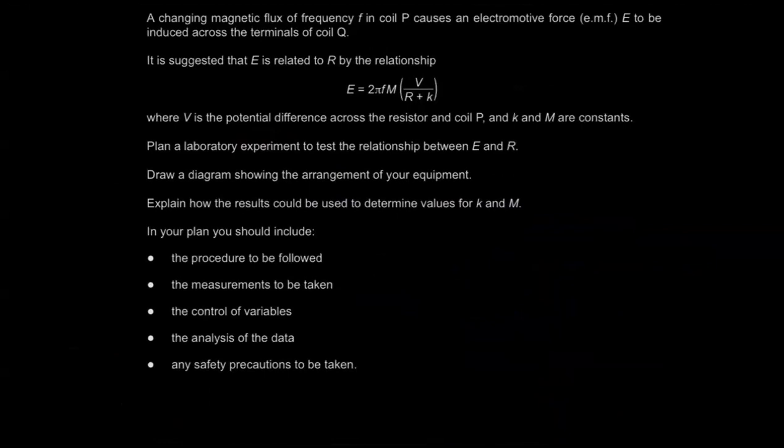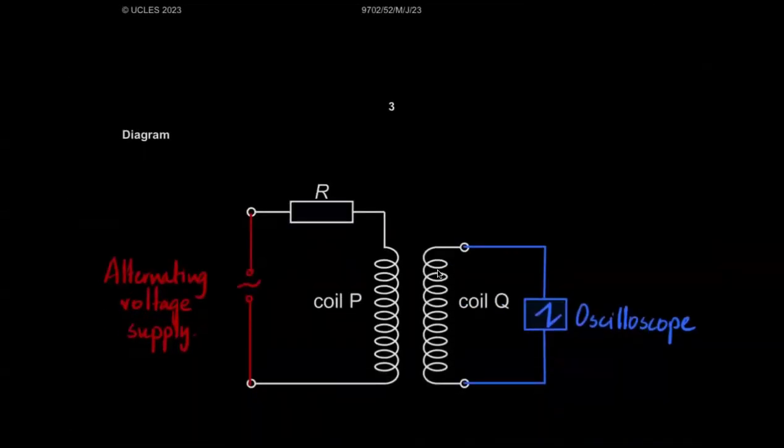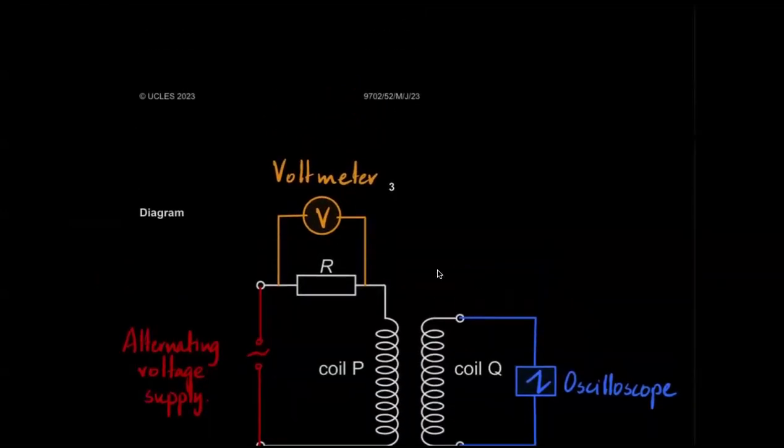Because we also need the potential difference across the resistor, we should also have a voltmeter in parallel with it. You know that a voltmeter is supposed to be connected in parallel. So we just make this, and even though it is pretty self-explanatory, I'm still going to label this as the voltmeter. I think everything we need is now written.